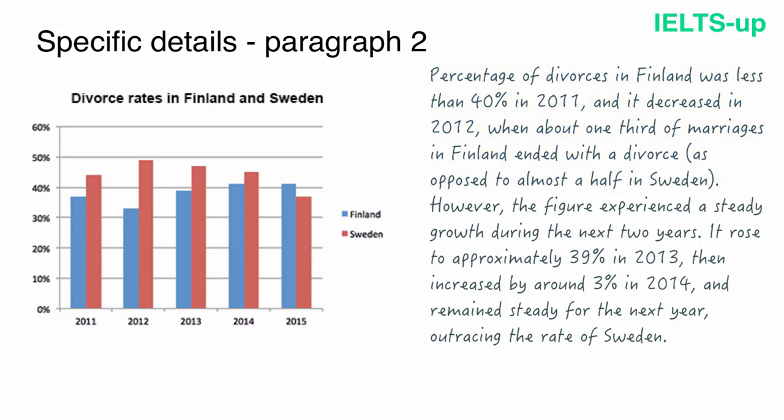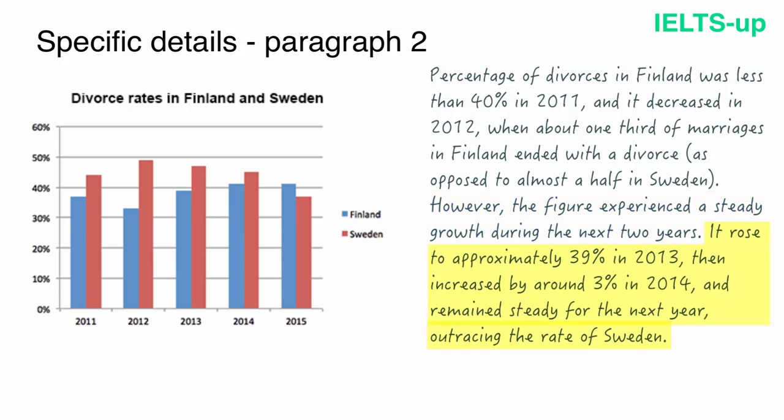Then, from 2013, Finland's rate changes in opposite direction. It starts increasing, so I start the next sentence with the word however and say, "However, the figure experienced a steady growth during the next 2 years."